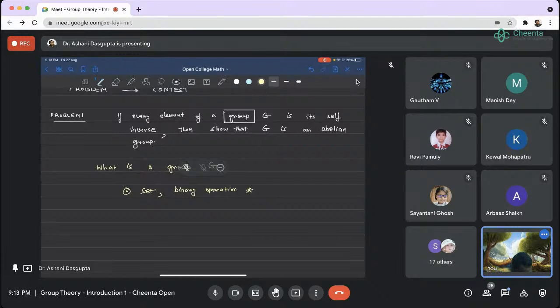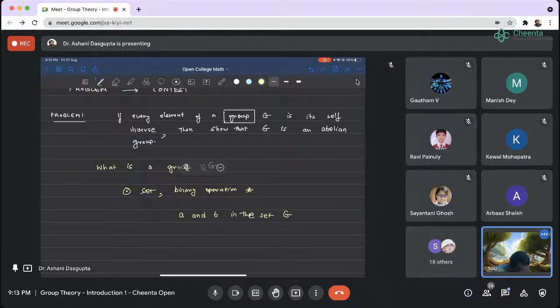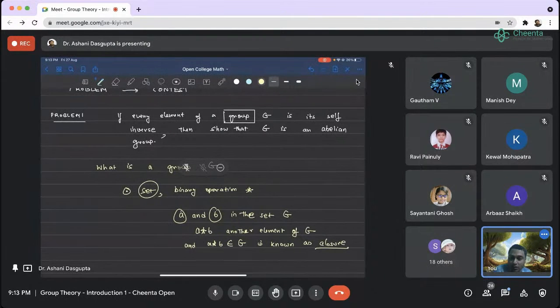If you have two elements A and B in the set G, then you can create A star B, another element of G. The fact that A star B is in G is known as the closure property of the group.